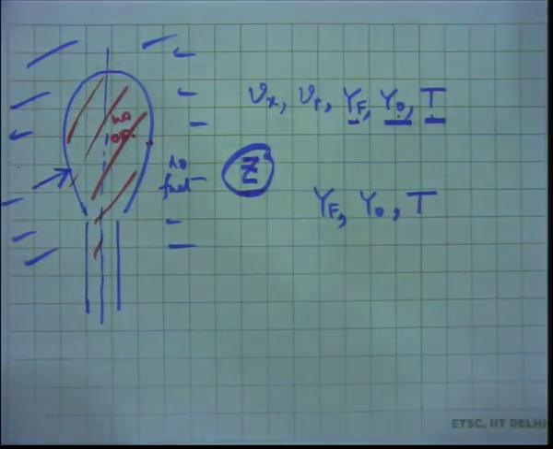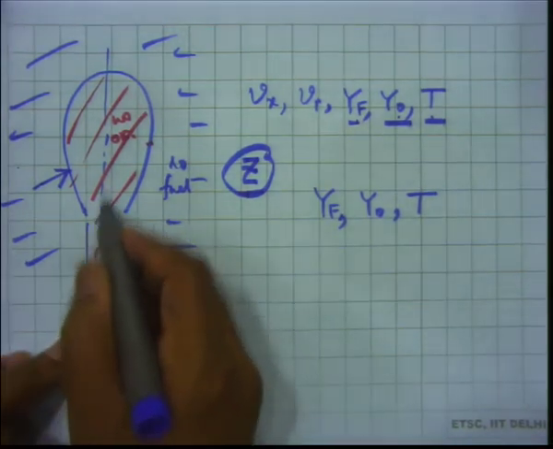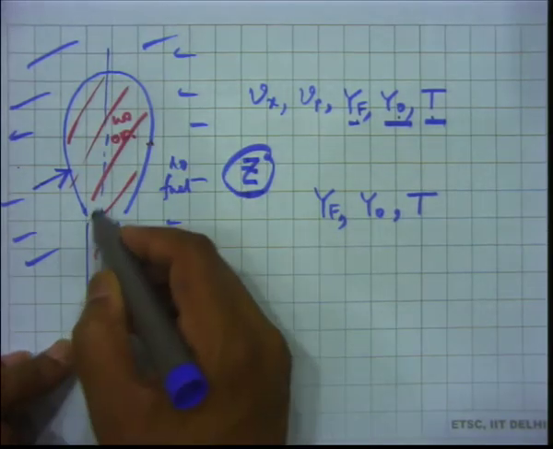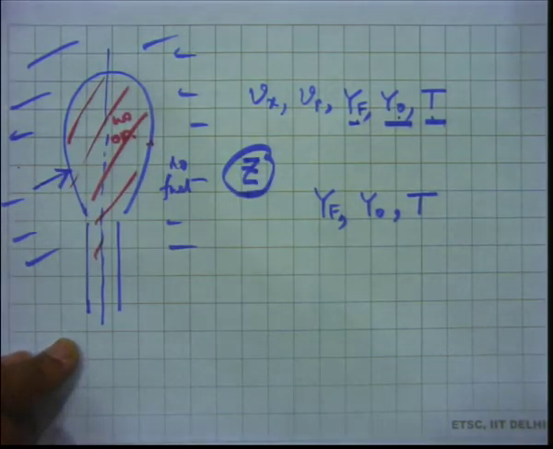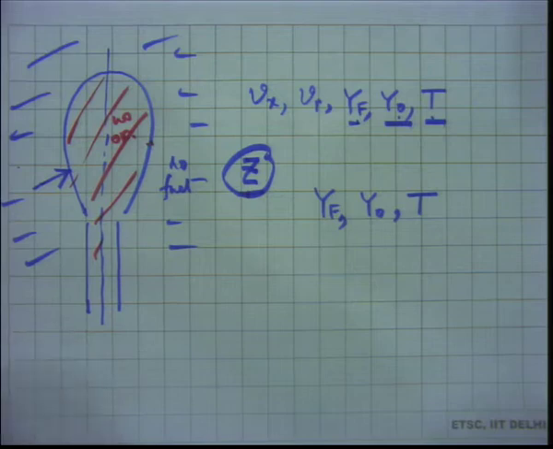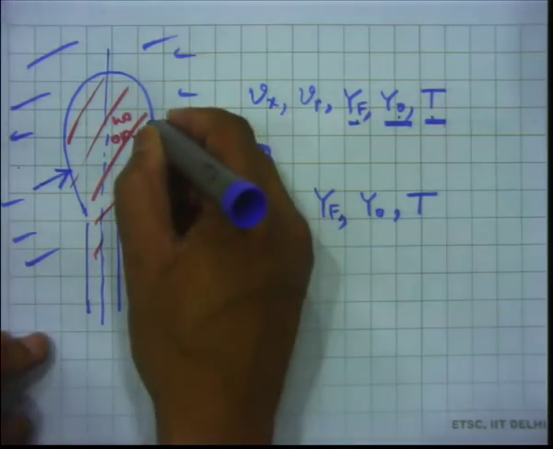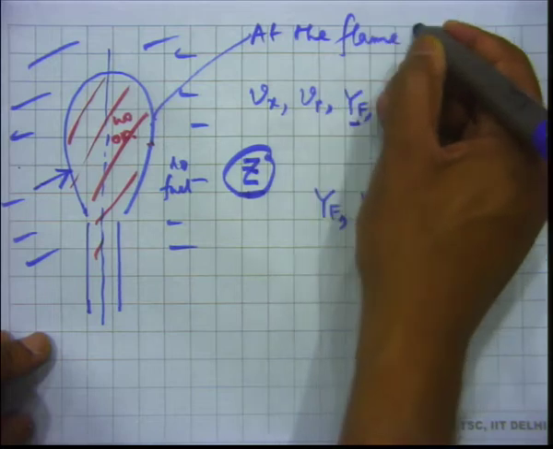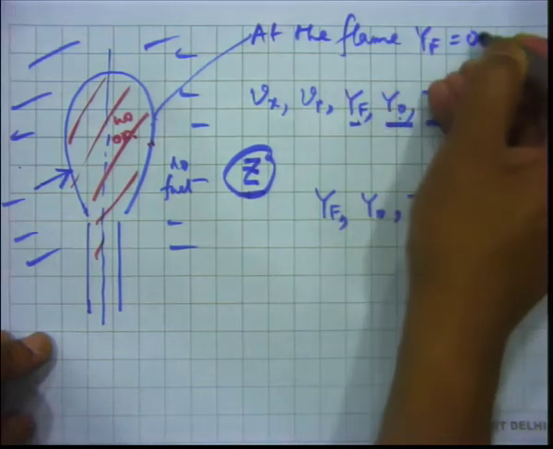What is the problem? The problem is that if you want to take the fuel equation and set some boundary conditions, we will give some boundary condition on the axis, some boundary condition on this place, but we will need a boundary condition at the flame. Okay, at the flame fuel is 0. So, the boundary condition is at the flame YF is 0.